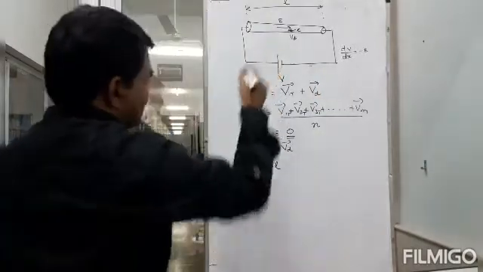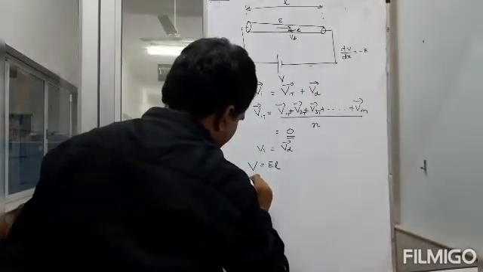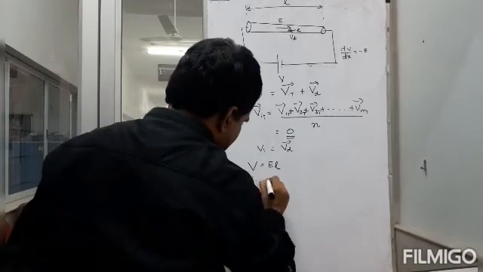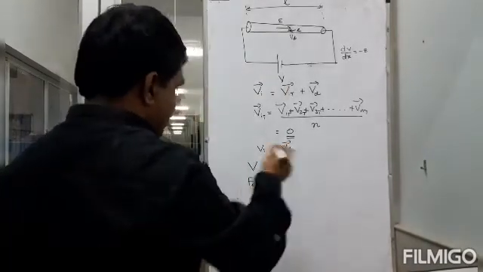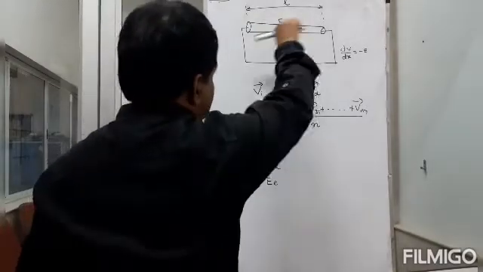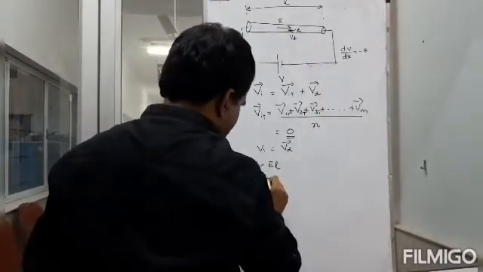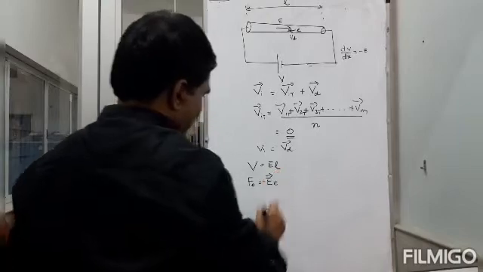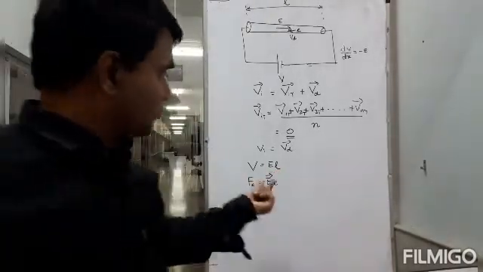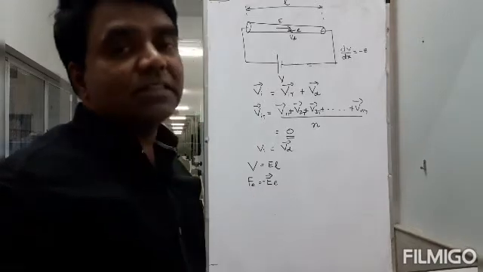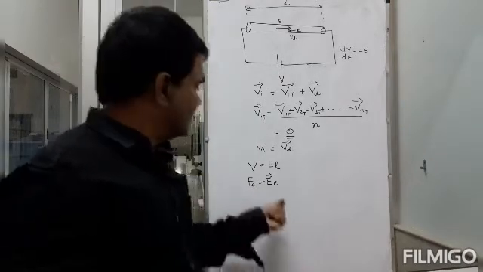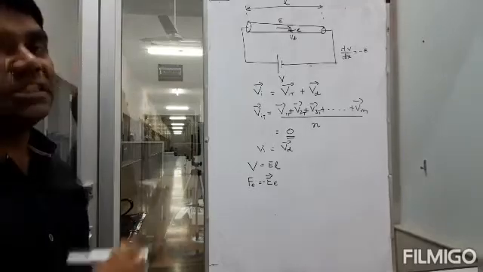So the force experienced by the electron, Fe, is equal to e into E. Which direction? Opposite direction. Because E is in this direction, the electron is going to be pulled in the direction opposite to the direction of E. So F is equal to minus e into E, capital E. That's the force experienced by it.